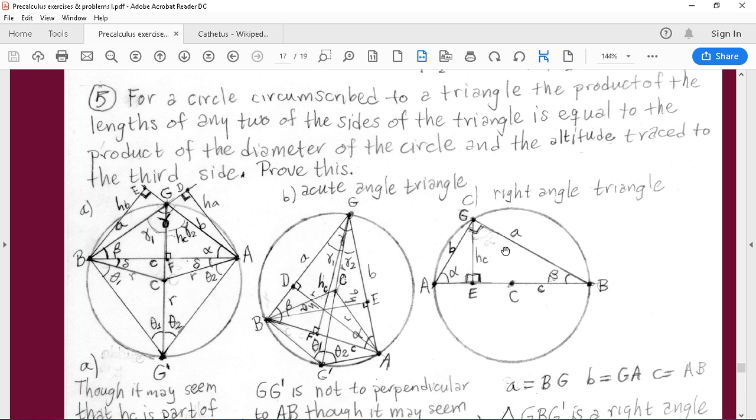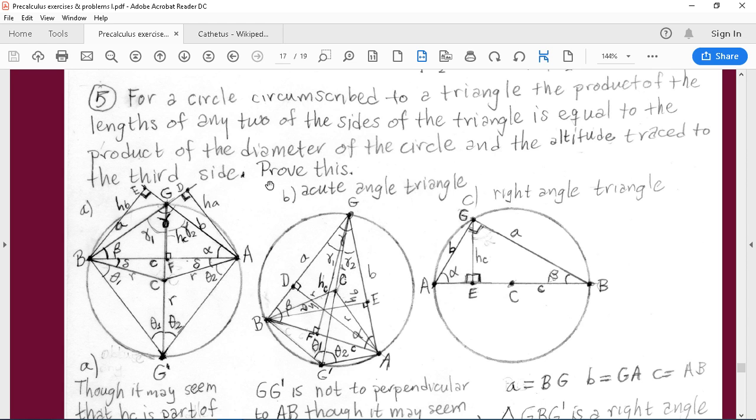So we have then that b over D equals hc over a, which means that a times b is going to be equal to hc times D. And in this way we have proved that for the right angled triangle, the product of the lengths of any two sides of the triangle is equal to the product of the diameter of the circle and the altitude traced to the third side.